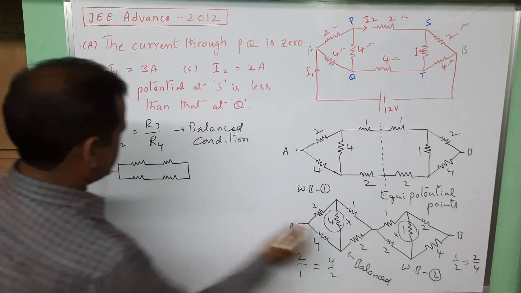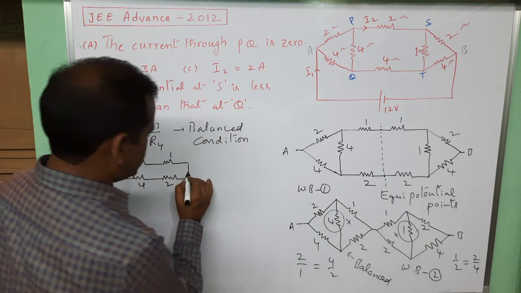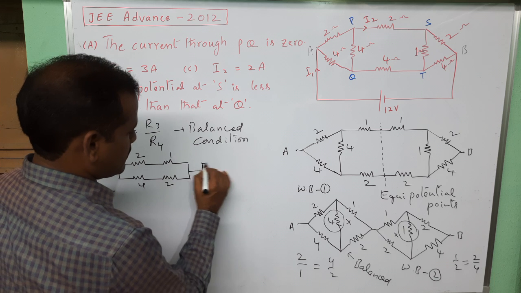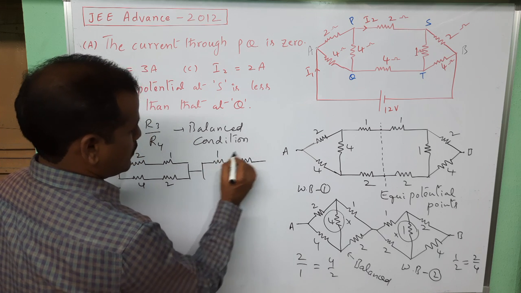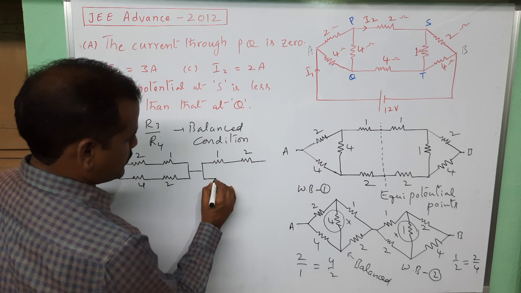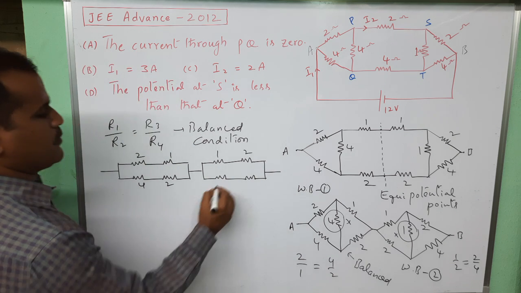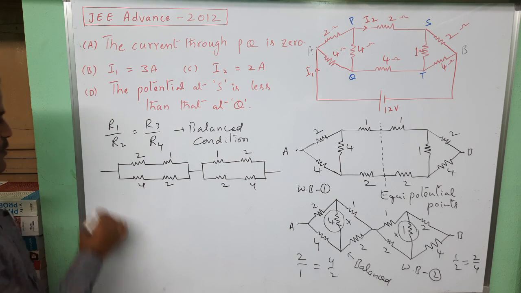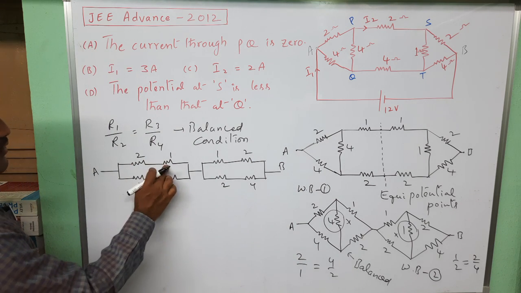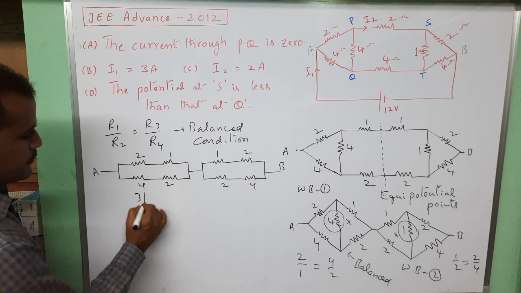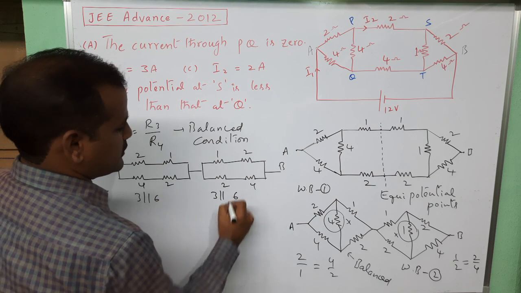This is 2, 1, 4, 2. Next bridge, that is 1, 2 and 2, 4. Further we can simplify this one. This is 3 ohm in parallel with 6. This is also 3 ohms in parallel with 6.